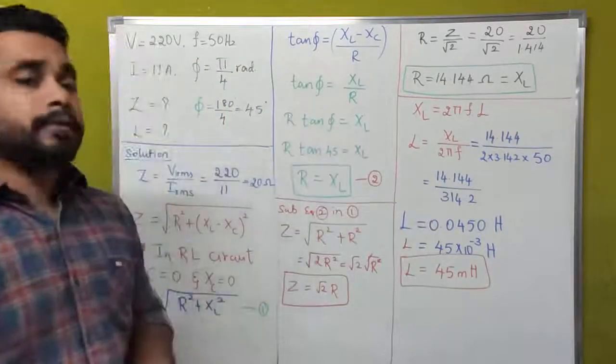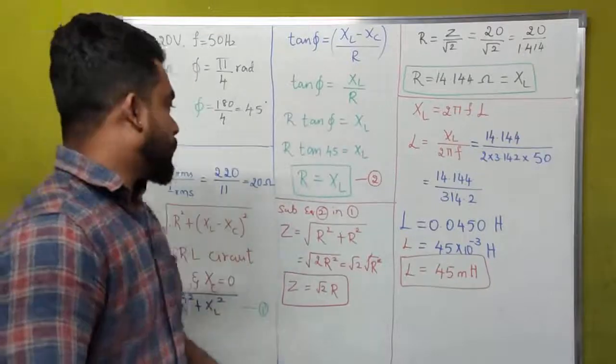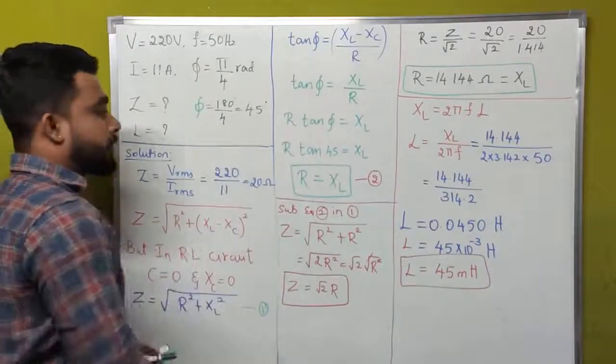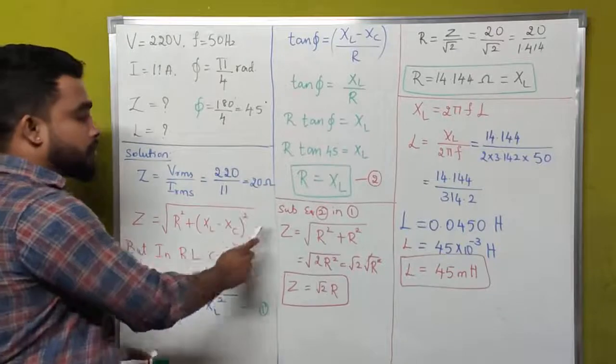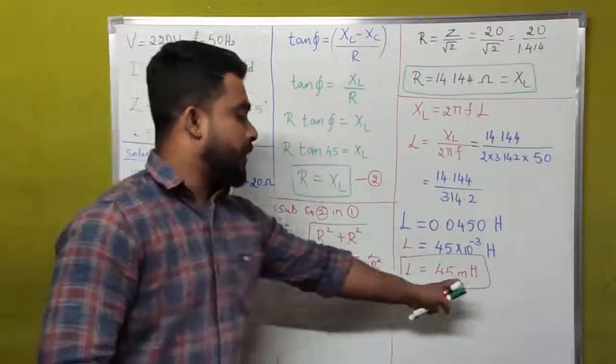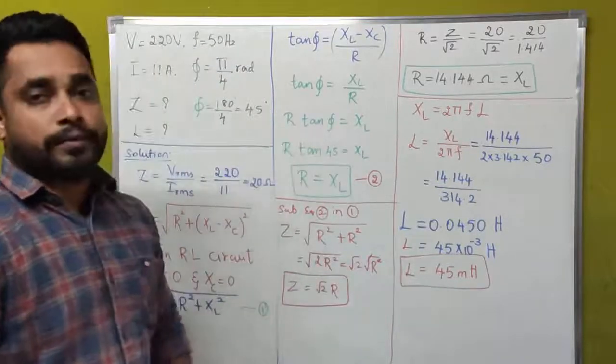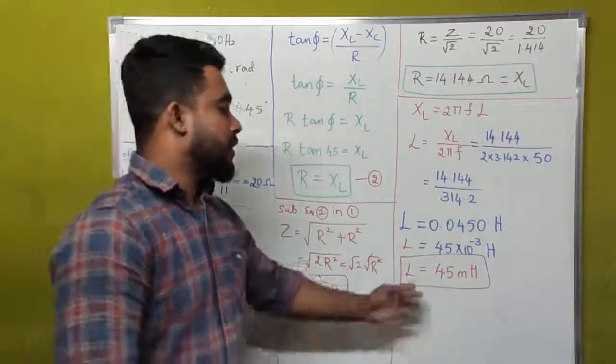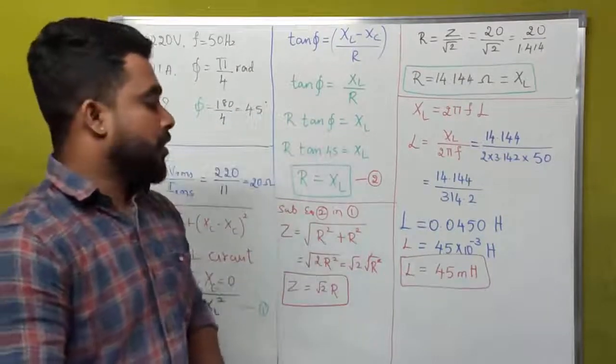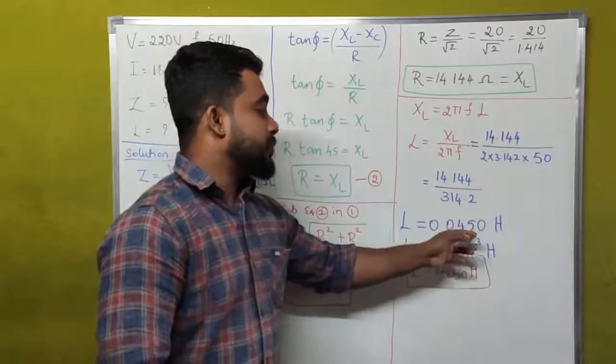This is the value of inductance of an inductor. Here we have the value of impedance, Z is equal to 20 ohms, and we have found the inductance of the inductor, that is 45 millihenry, or 0.045 Henry.